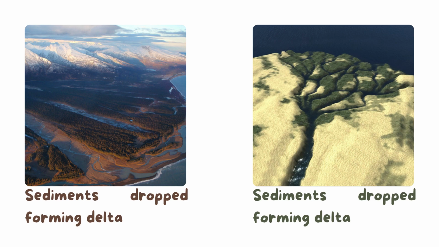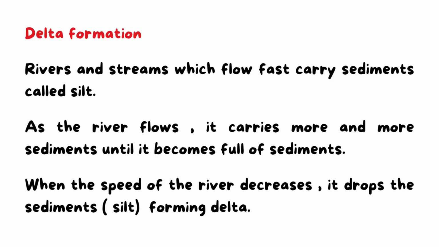We can say that delta formation starts from rivers and streams which flow fast and carry sediments called silt. As the river flows, it carries more and more sediments until what? Yes, until it becomes full of sediments. When the speed of the river decreases, it drops the sediments, which is silt, forming a delta.